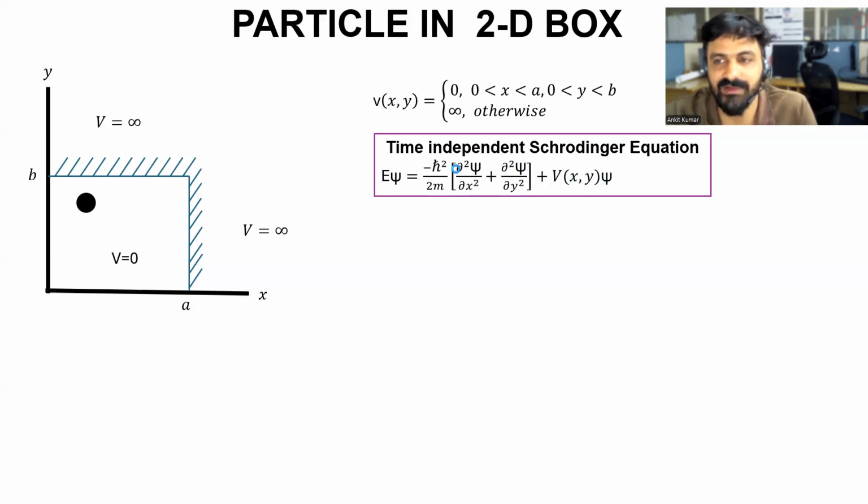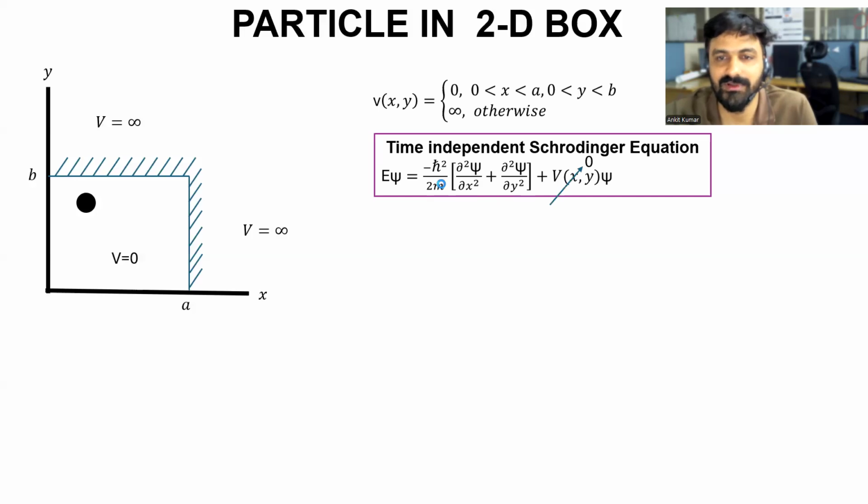Is that clear? You can see that this is in two dimensions. Now we have to solve this Schrodinger equation to calculate the wave function, and then further calculate the quantized energy as well as the probability density of finding the particle in the given region of space.